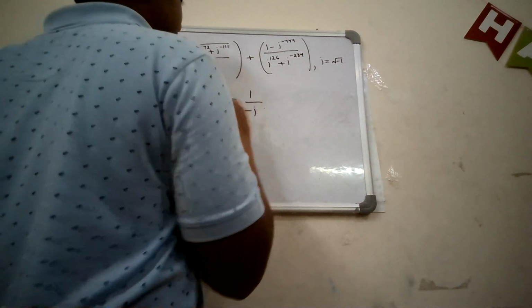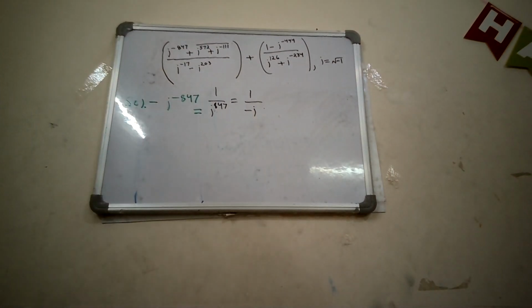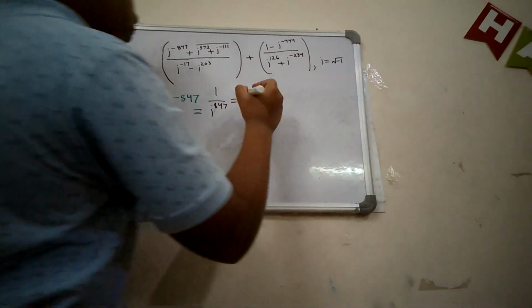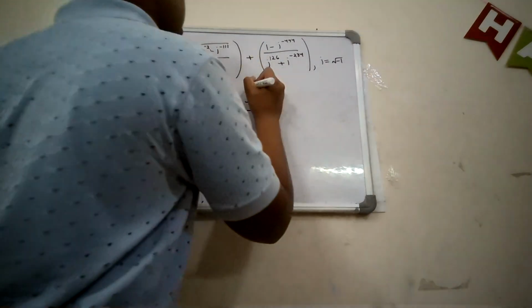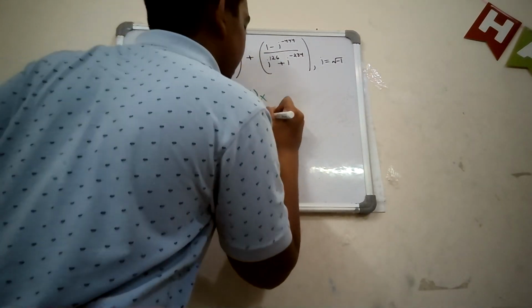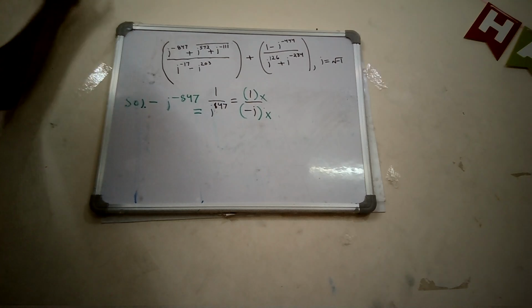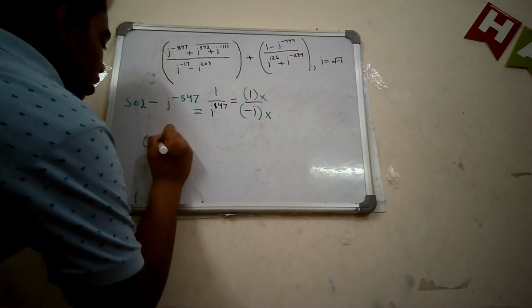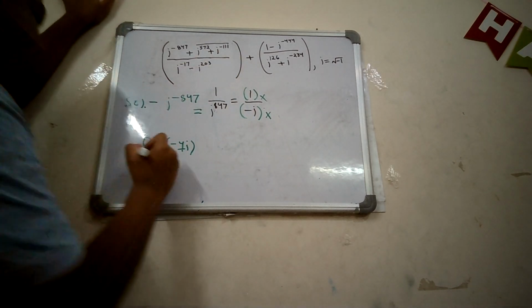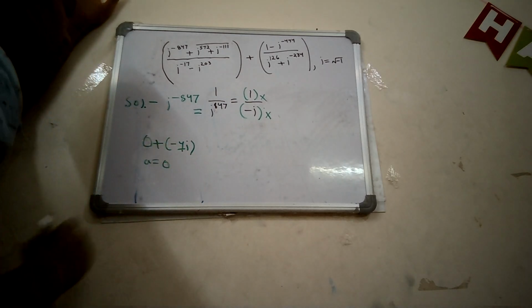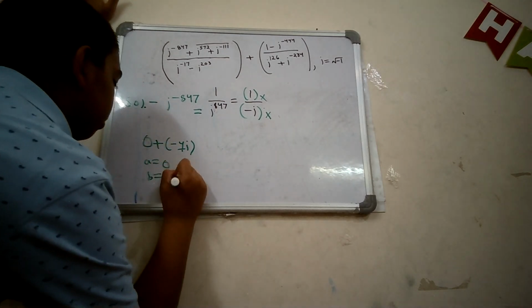Now we can just multiply by the conjugate. So, what number are we multiplying by? First write this as 0 plus negative 1i. In this case, a is 0 and b is negative 1.